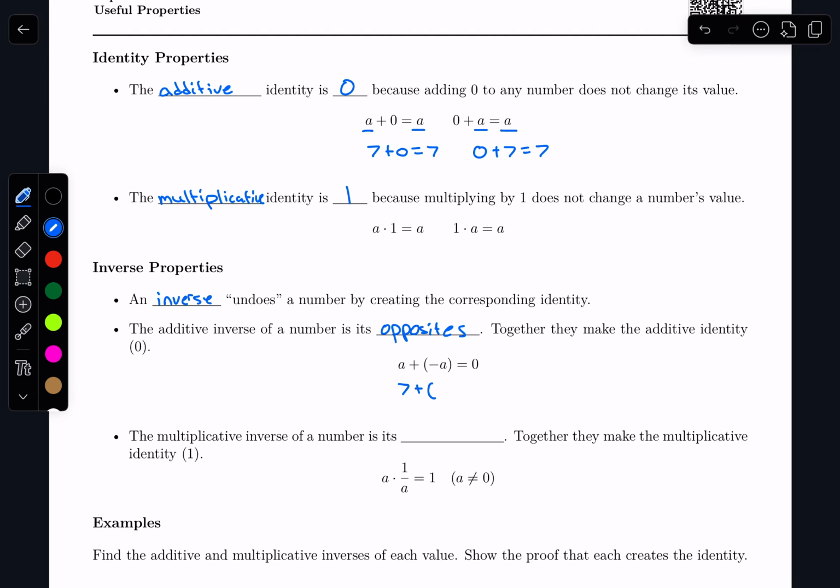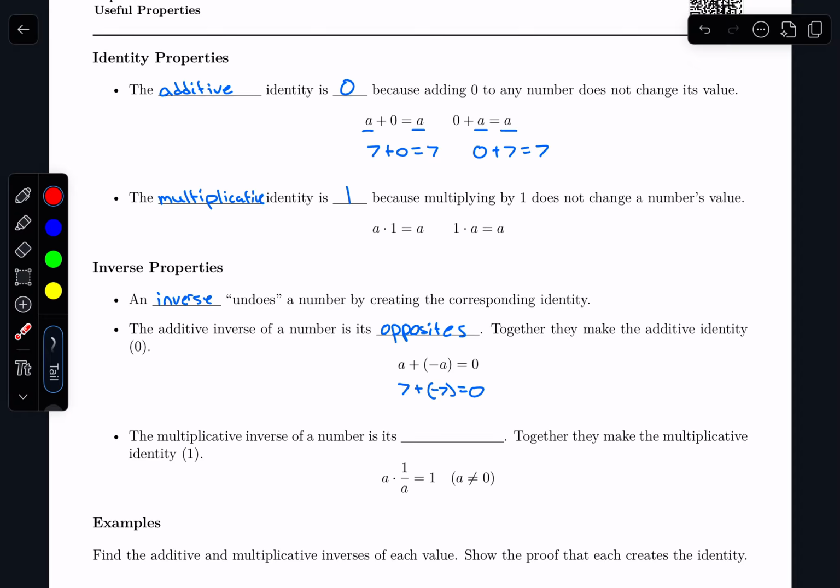Or 7 plus negative 7 is going to give us 0 because we just take away the 7 we added. Notice here, we are getting the identity as our result. So the idea of the inverse of a number is to get back to the identity. So very closely tied together, these words identity and inverse.